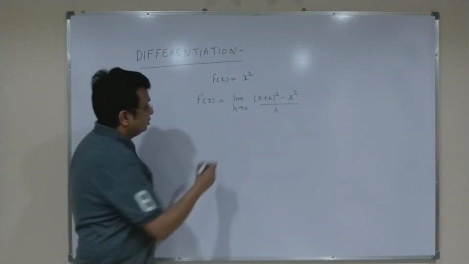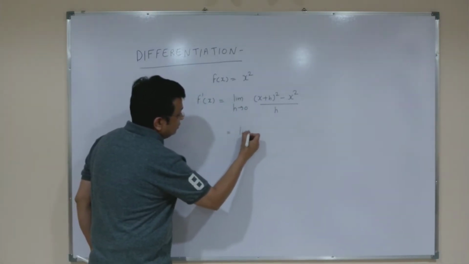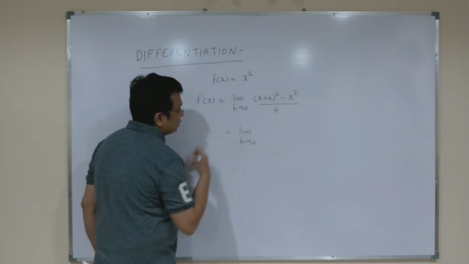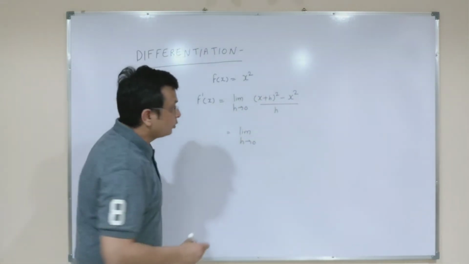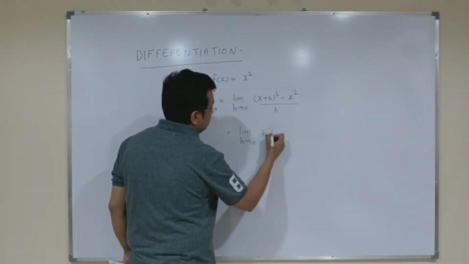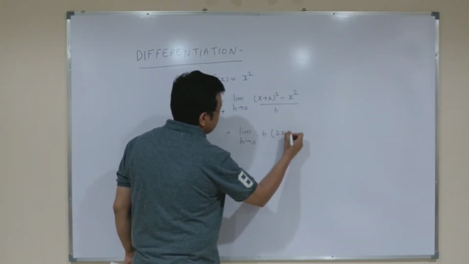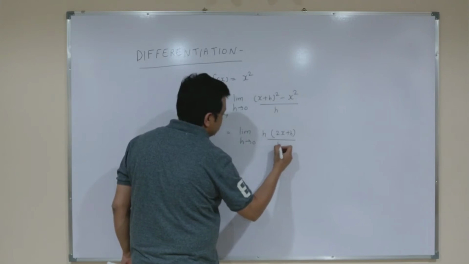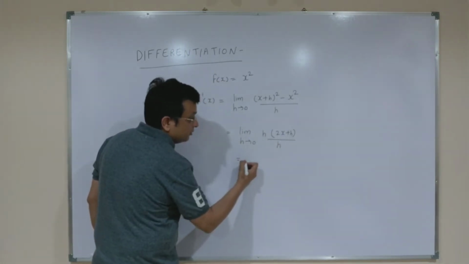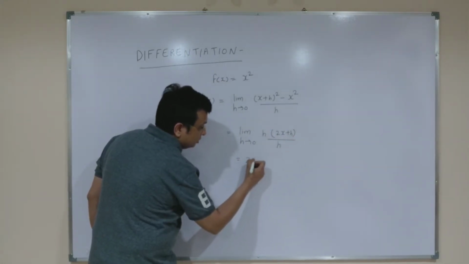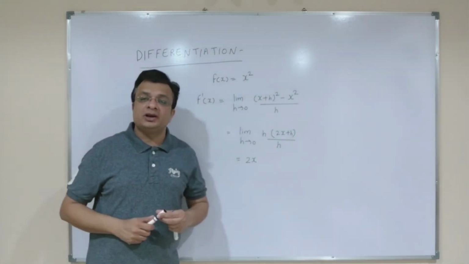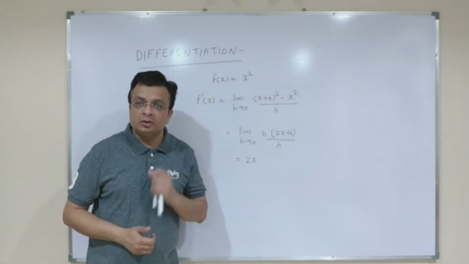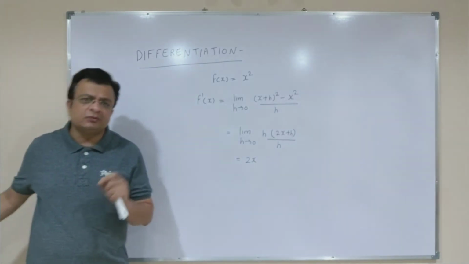Now, using a square minus b square, what will I get? h into (2x plus h) upon h. h cancels. If I apply limit h tends to 0, then we'll get 2x. So, differentiation of x square is 2x.